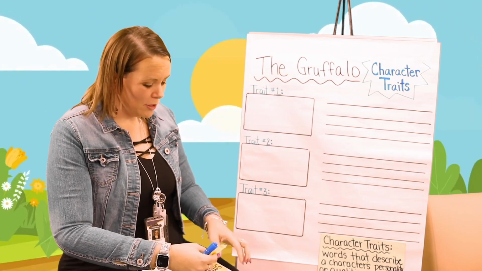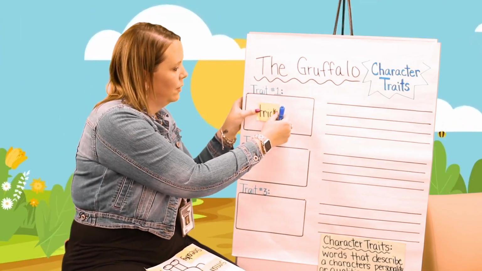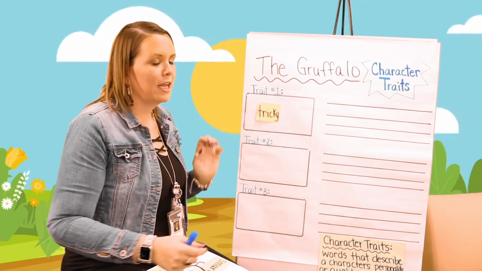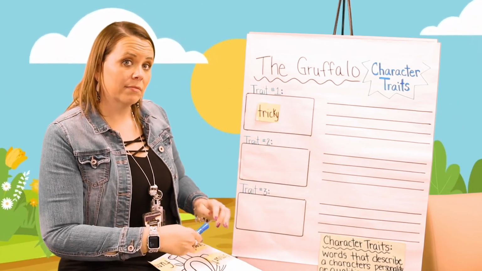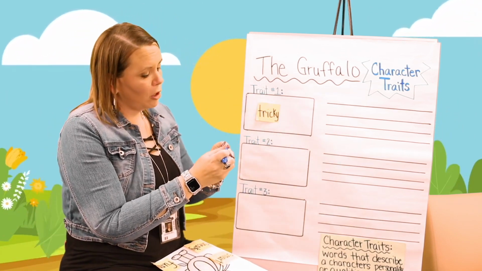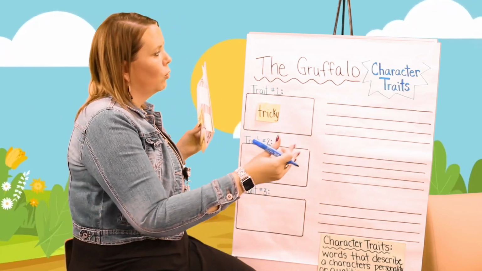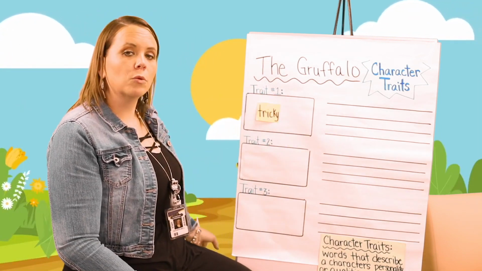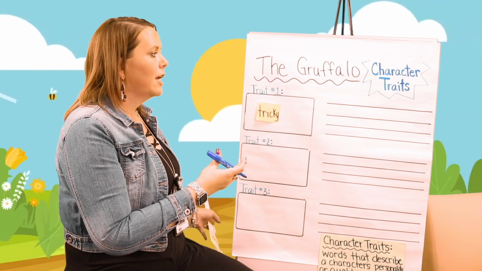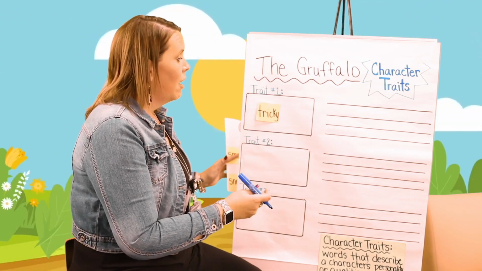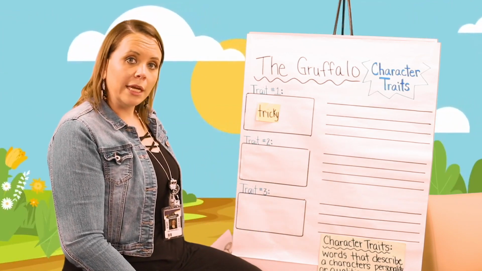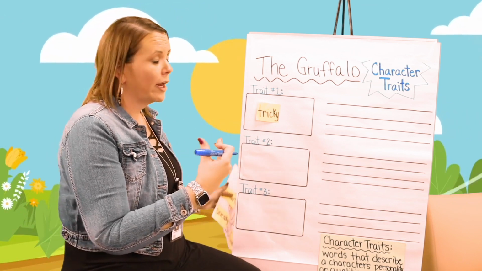Okay, so what we're going to do, I picked tricky first. Now think about how the mouse is tricky. So when we start our sentence, we always want to start it with repeating our question back into our answer. So we are talking about the character traits. So we want to say, the mouse is tricky because, and then we'll talk about how we figure that out.